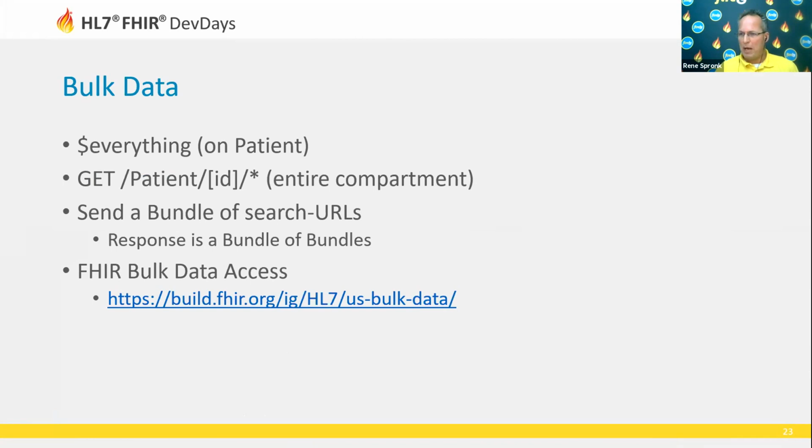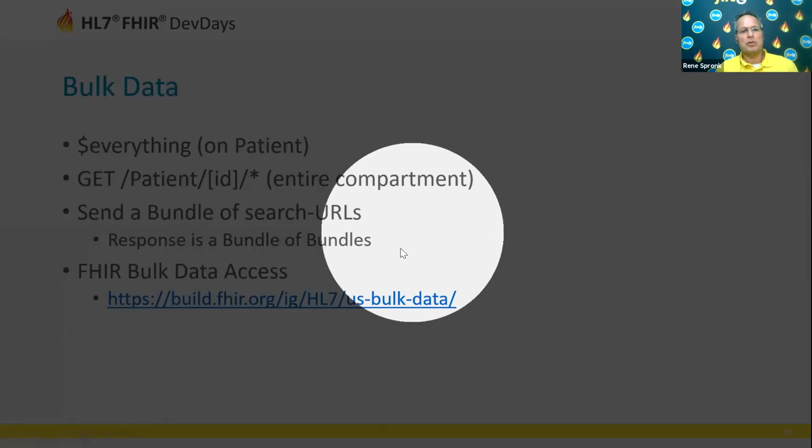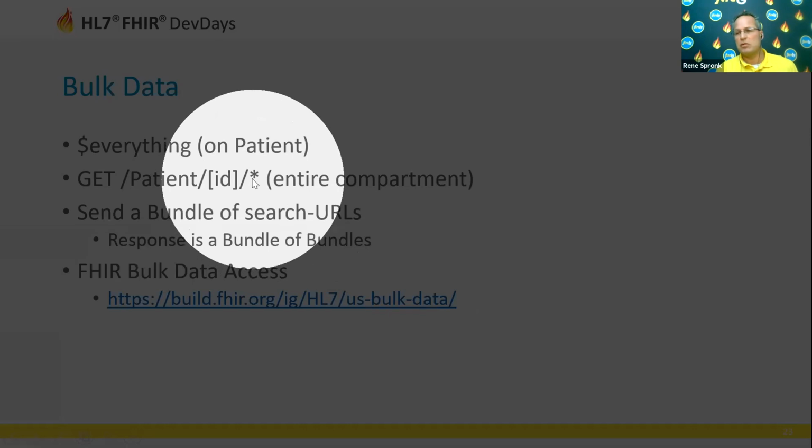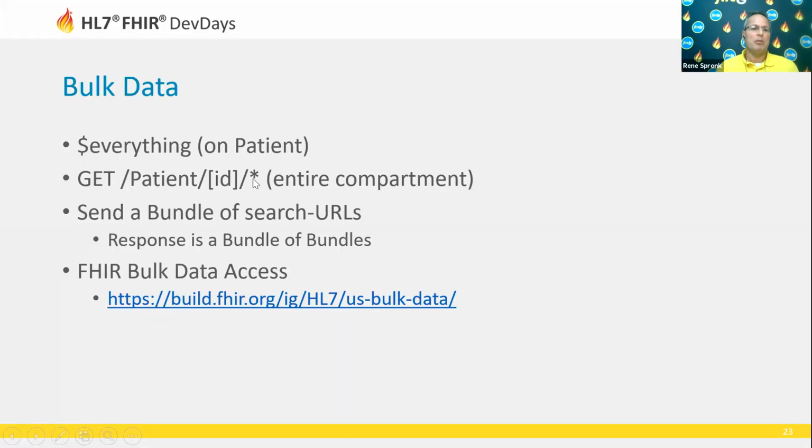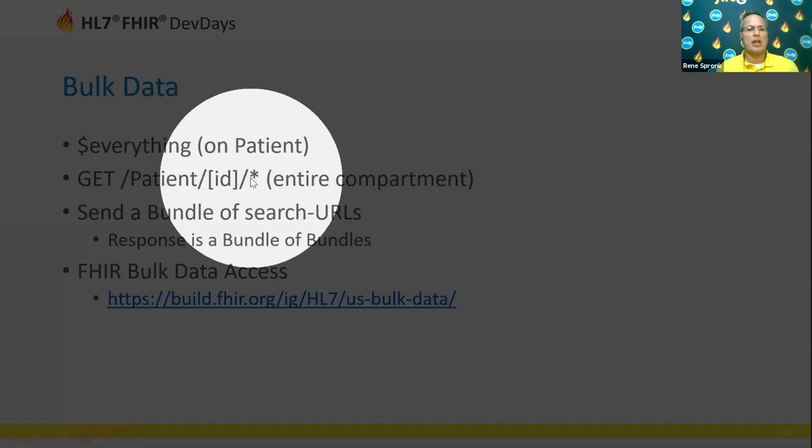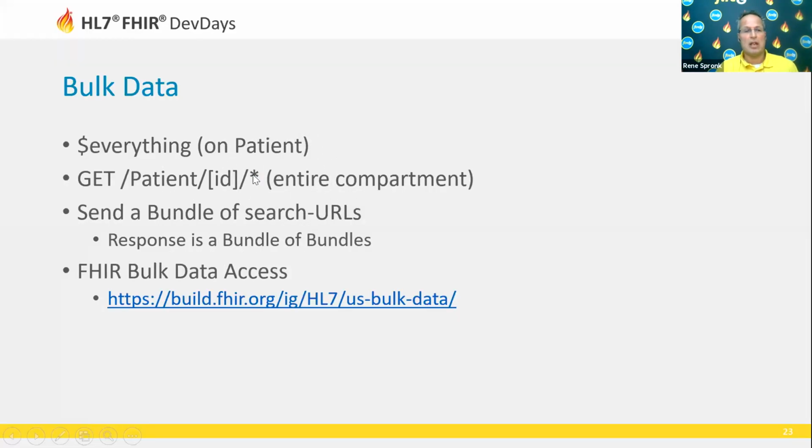You can use compartment-based search, and if the server supports wildcards, and remember, not all of them do, then getting everything in a particular compartment is effectively mostly the same as $everything. You can also send a bundle that contains multiple search URLs.